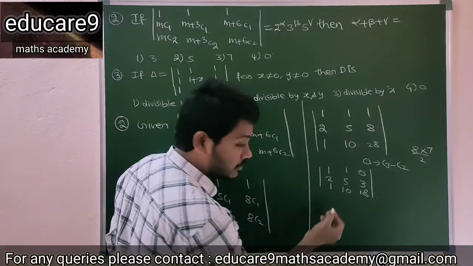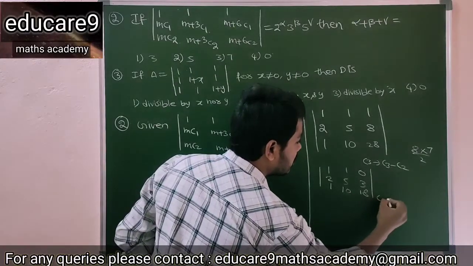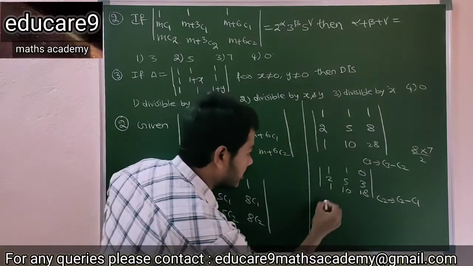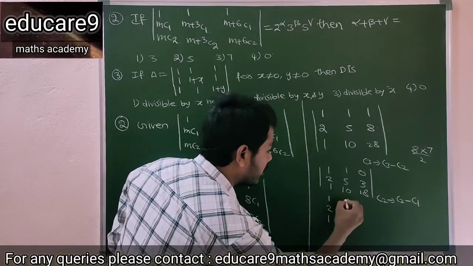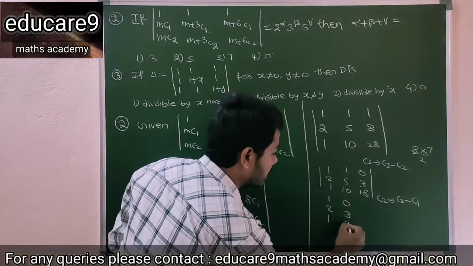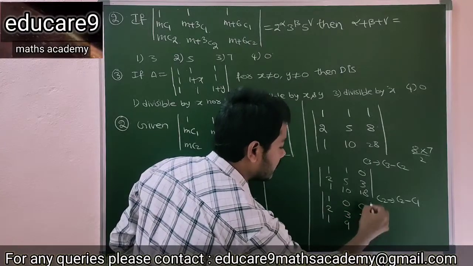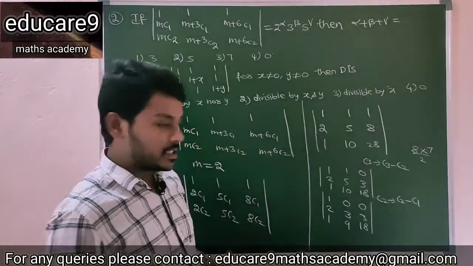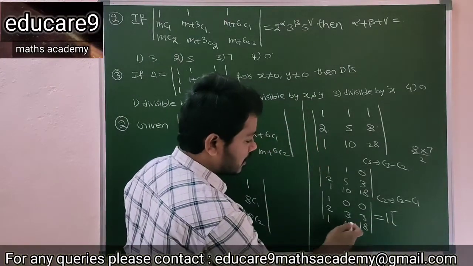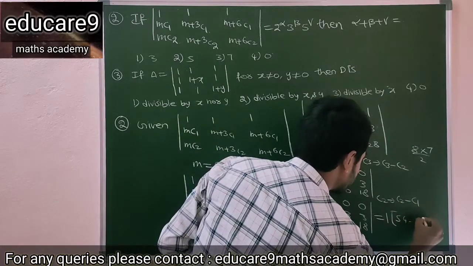So what you get? Otherwise, C2 implies C2 minus C1. That is 1, 2, 1, 1 minus 1, 0, 5 minus 2, 3, 10 minus 1, 9, 0, 3, 8. So now find this determinant. This is equal to 1 into 18 into 3, 54 minus 27.